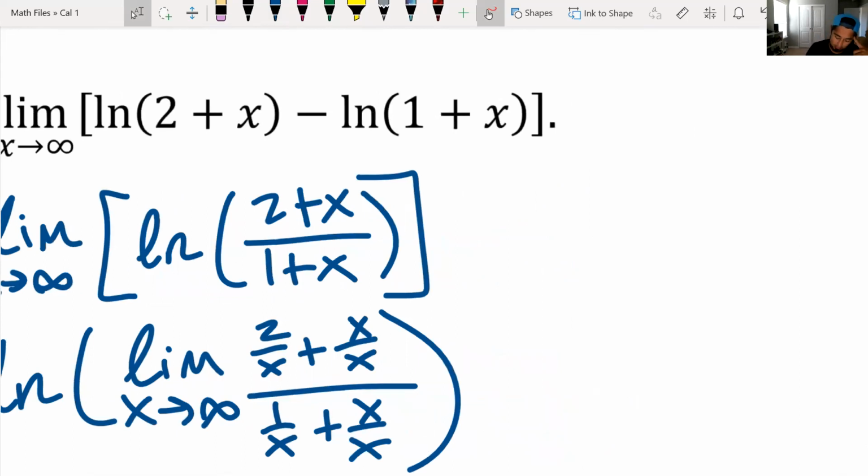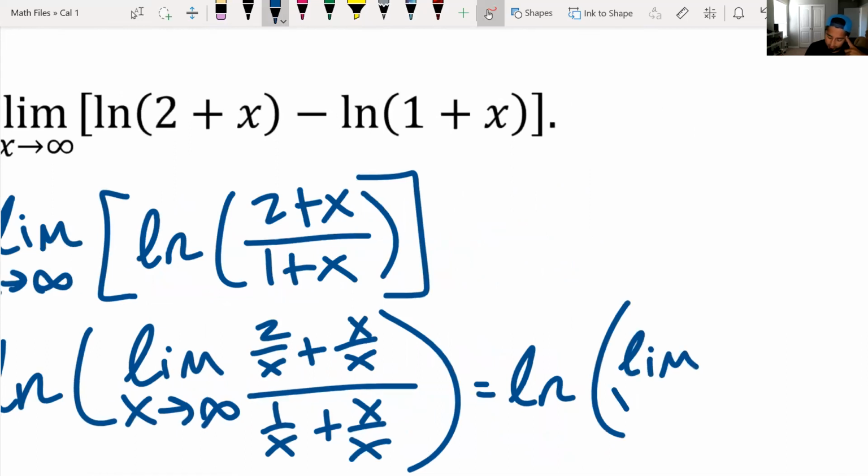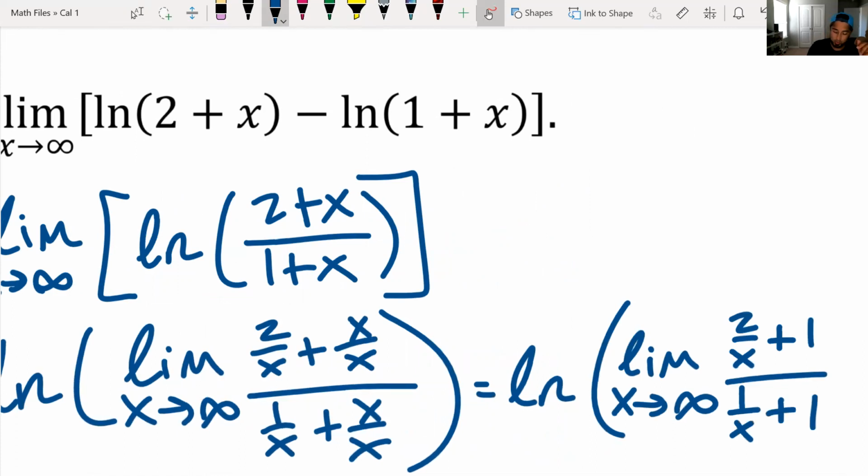Simplify, we get the natural log of the limit as x approaches infinity of 2 over x plus 1, over 1 over x plus 1.